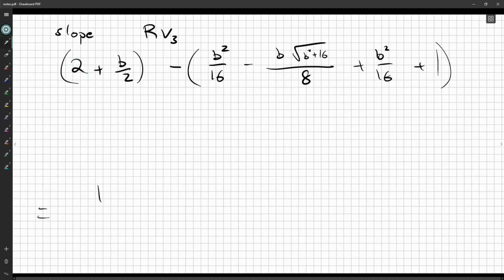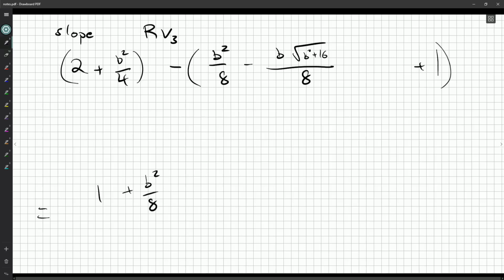Okay. Oh, this is b squared over 4, silly me. Okay, so these two added together will become a b squared over 8. B squared over 4 minus b squared over 8 is plus b squared over 8.